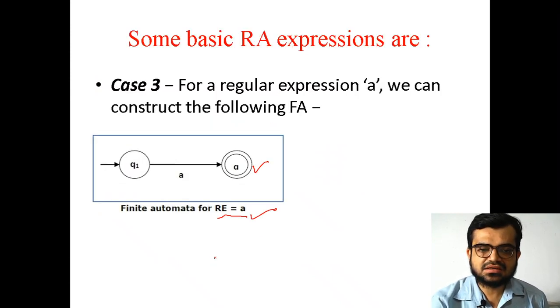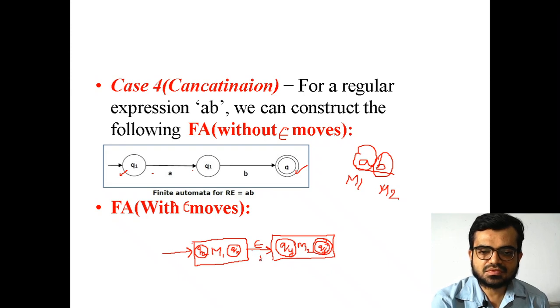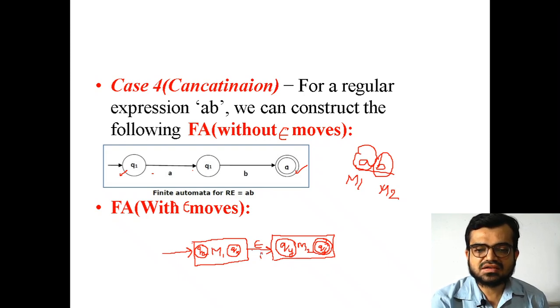As we have seen, if we have only a single input, it will go that way, so here also it is going in this way for M1, but the other input is B, so M2 is B. In order to connect M1 and M2 with epsilon moves, there is an epsilon transition. That is how we can represent it with epsilon moves.